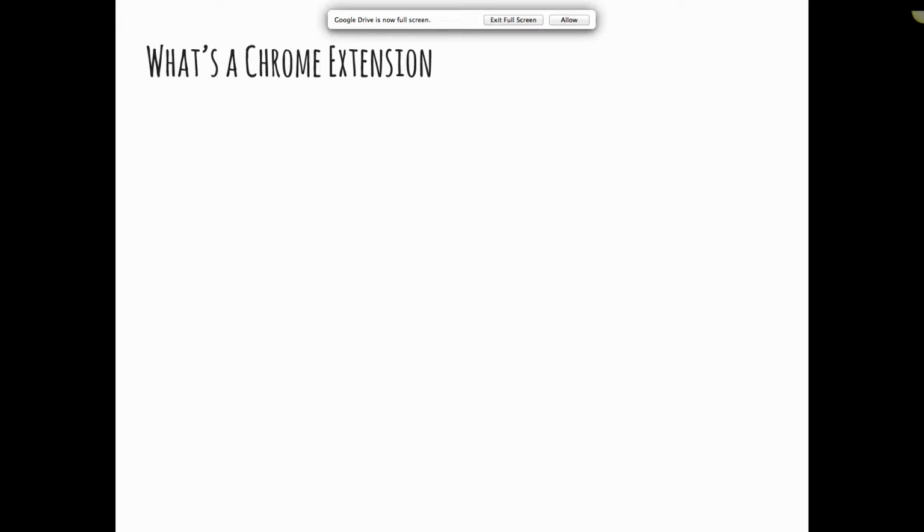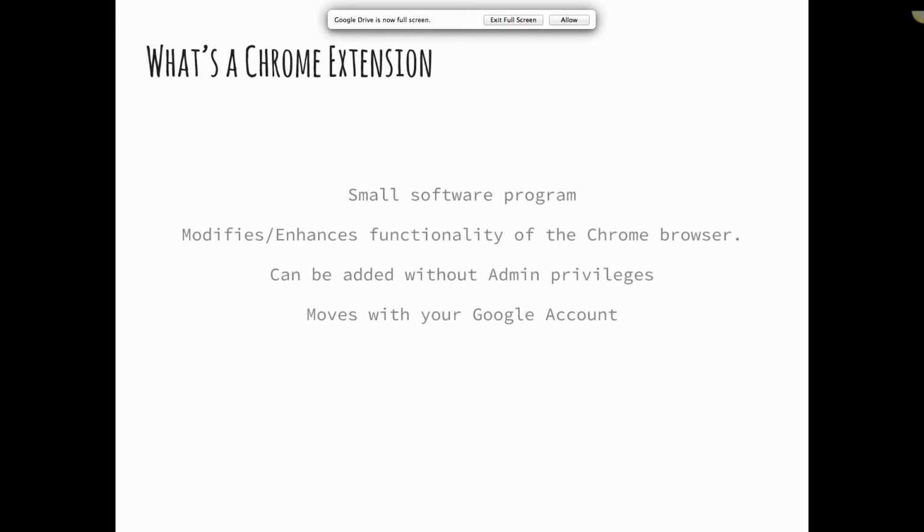So the extensions are going to be a little bit different. They're little software programs. They add functionality to Chrome, so they make your browser do things that the browser wouldn't normally do. And the nice thing for us and for you guys is that you can actually download them to your computer without admin rights. You probably noticed if you've ever tried to download anything on campus, you can't.